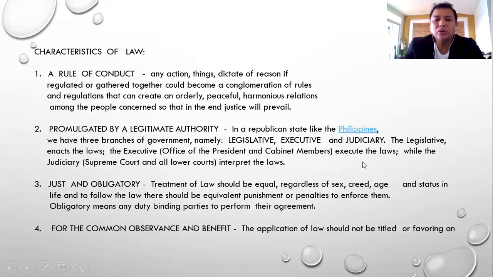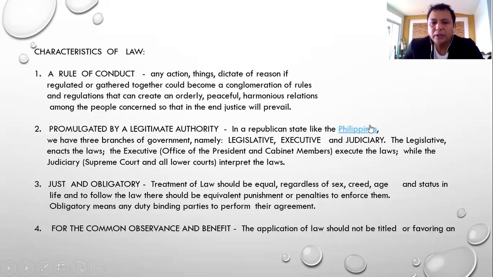Now, sometimes the laws are not so complete. So in executing the laws, they have difficulty. So the office of the president and its cabinet members would give administrative acts in implementing the law. It's called implementing rules and regulations. This also forms part of our laws.